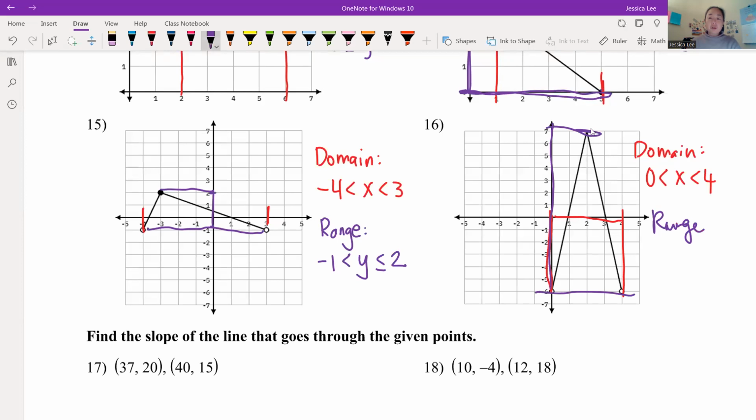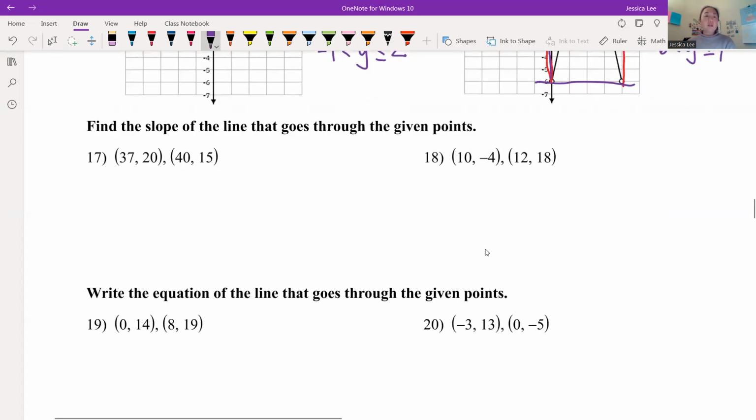Notice there's no open circle there. You can't really see a point there, but if it's just that continuous line on there, that just means there is a point there. It's just not explicitly shown. So it's going to go from -6 is less than y, which is less than or equal to 7. Okay, that's a 7.